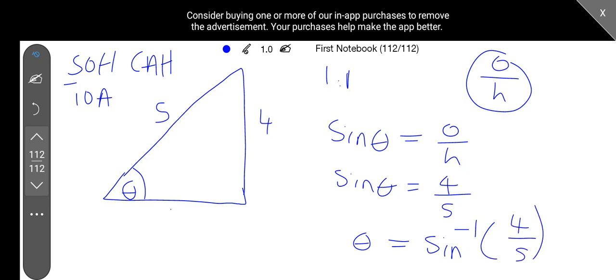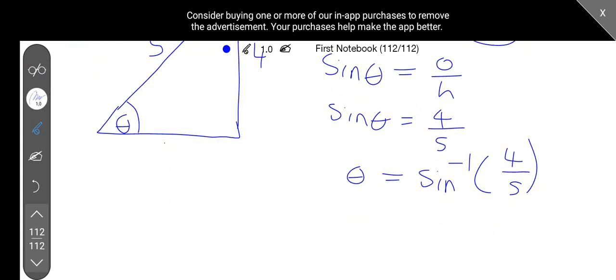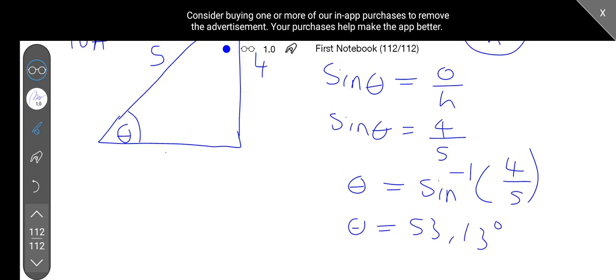And let's see what our theta is there. So we're going to calculate the arc sine of 4 over 5, and the answer is 53,13. The answer theta is equal to 53,13 degrees.